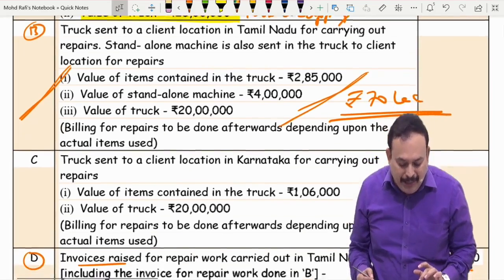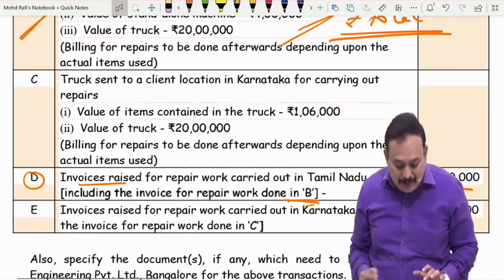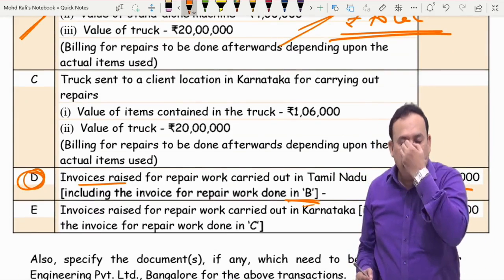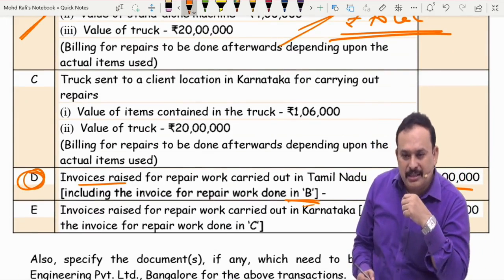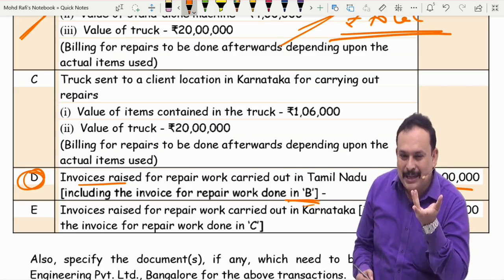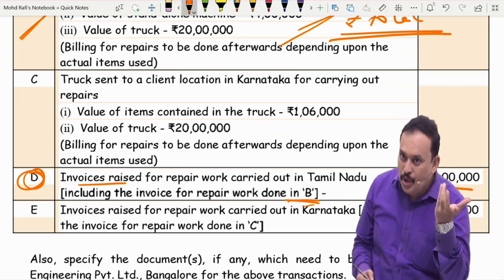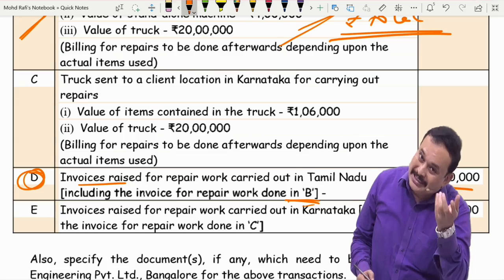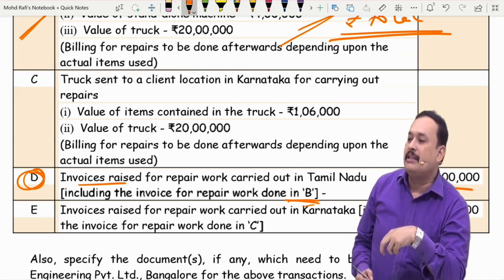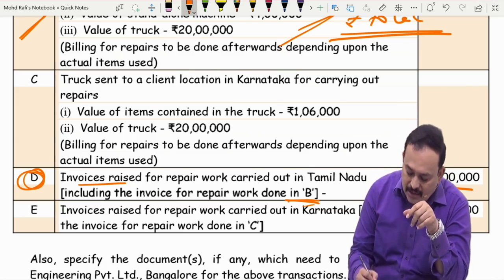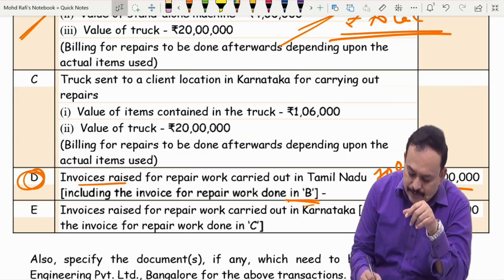Now, point number B is finalized as a supply at point number D with the value of 70 lakhs. It is an interstate supply. Who supplied? Karnataka, Bangalore. After sending the goods to the branch, from Karnataka, Bangalore, they supply to the client in Tamil Nadu, 70 lakhs worth. Interstate supply will attract IGST. What rate?